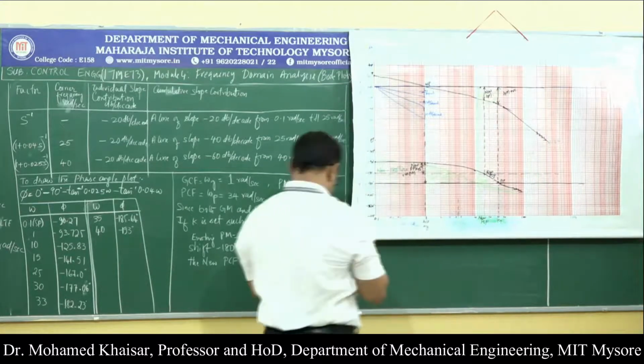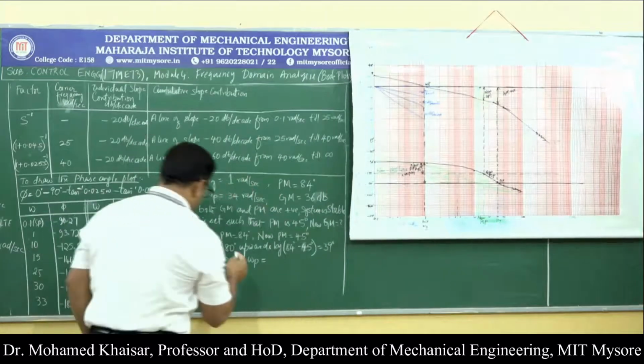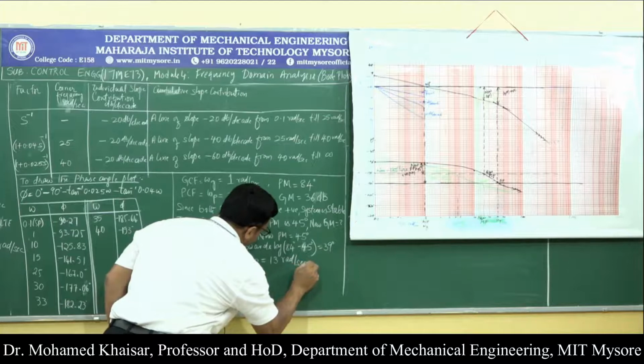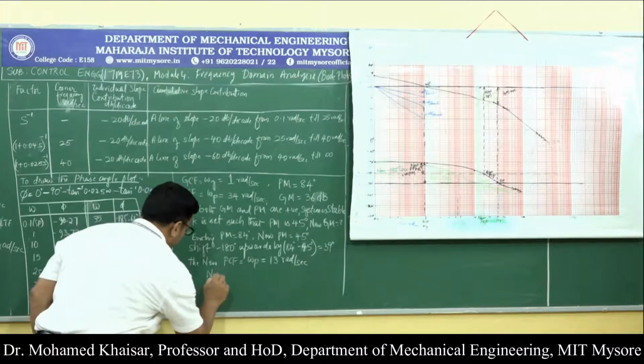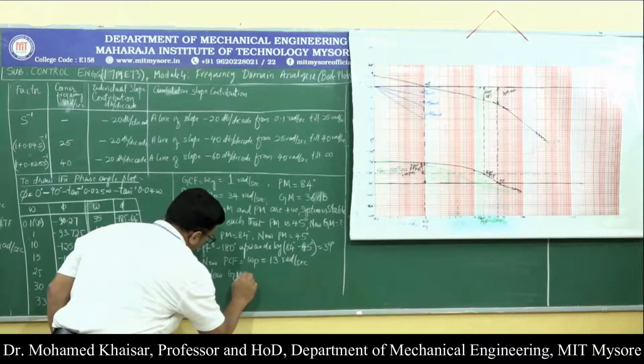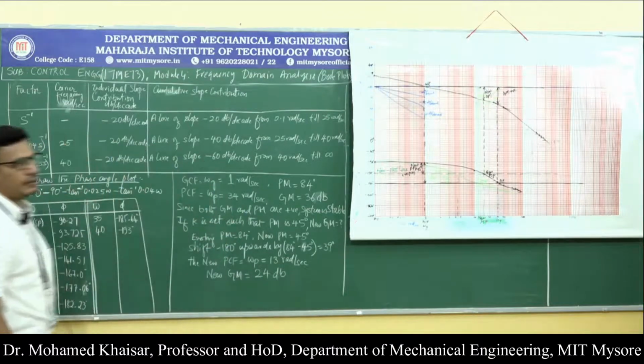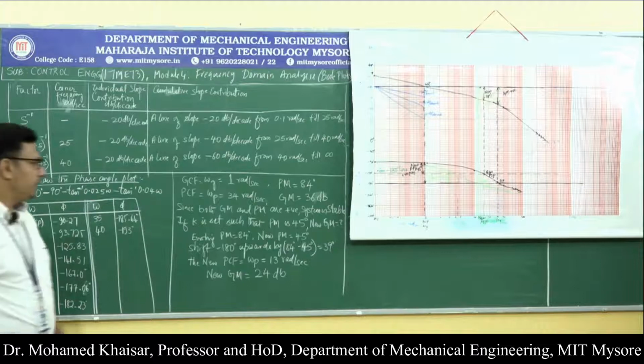So the new PCF will be 13 radians per second, and the new gain margin is found to be 24 decibels. This is the solution.